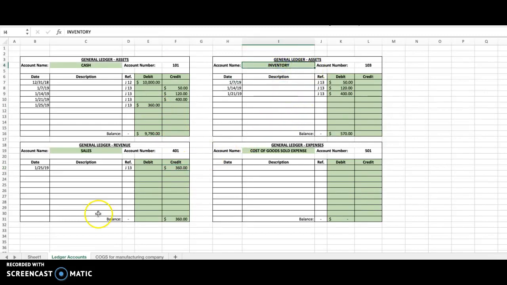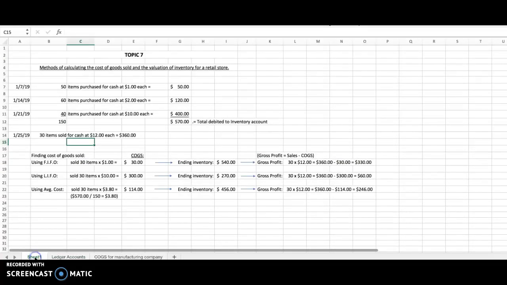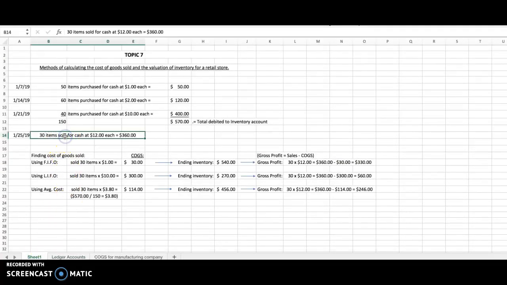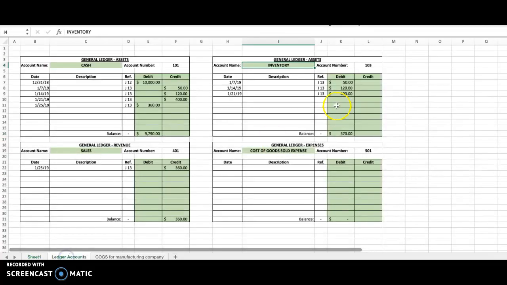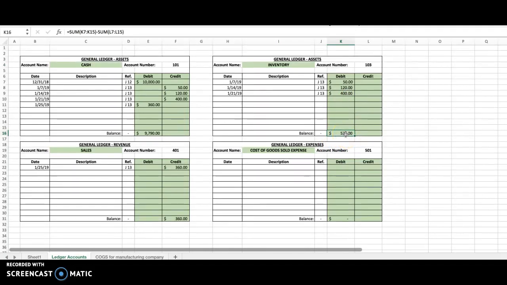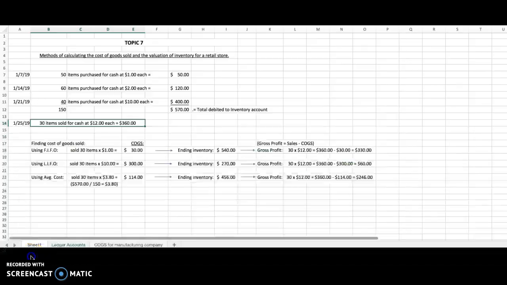Now, if we go back to the first page, we sold 30 items. But that's not deducted here in inventory. So we don't have $570 worth of inventory anymore because we sold some of it. So we need to account for that.